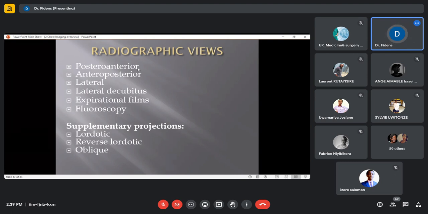And lateral decubitus, the X-ray source is still in front of the patient, but the patient is lying down on one side, either left or right, and the X-ray source is in front of him. This is different from the lateral view. In the lateral view, the patient is standing on the receiver of the X-ray, but the X-ray comes from the side. But in lateral decubitus, the patient is lying down on the table, and the X-ray comes from the front.